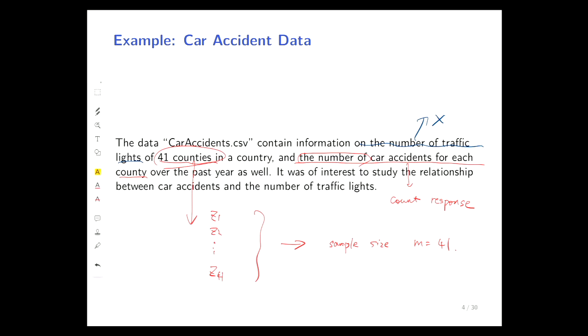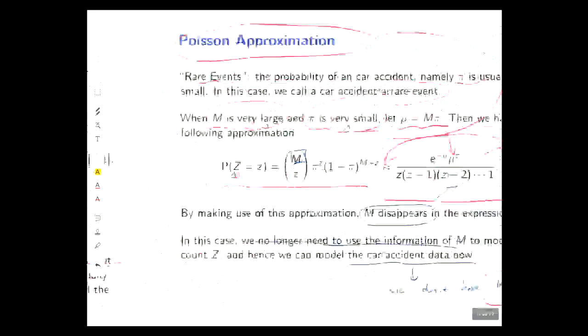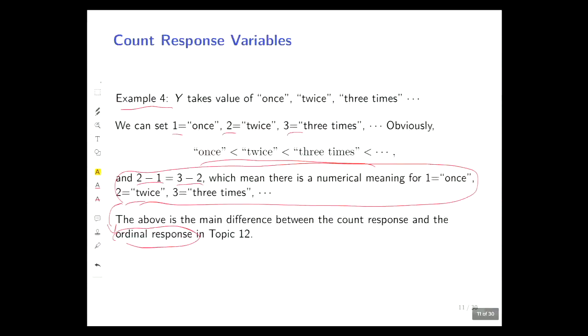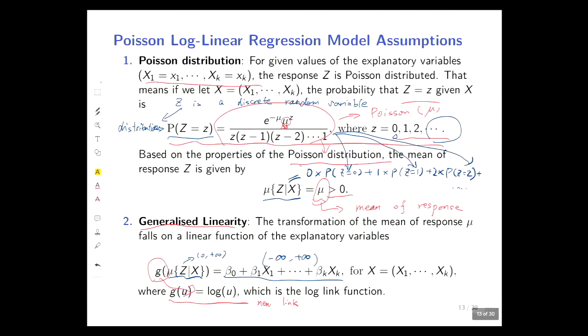So you need to know how to get the sample size. Usually we can use the length function to obtain the sample size, and I think you should use the length function a lot in your assignments. So that's these three assumptions to describe this Poisson log linear regression model.